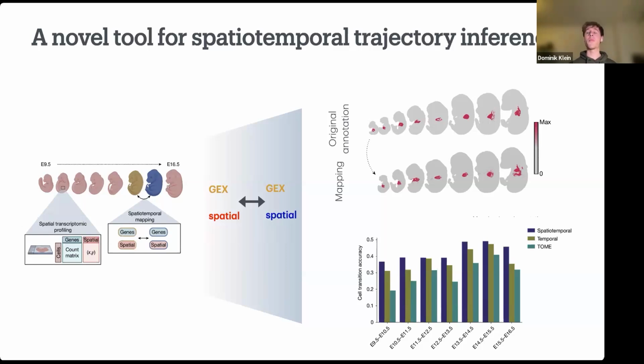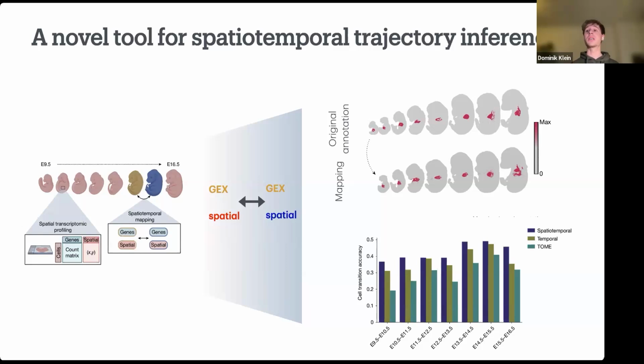So we can look at the original annotation of the heart in the mouse, and we can look at the predicted heart annotation, or the mapped heart of moscot, and we can actually see that it fits fairly well.